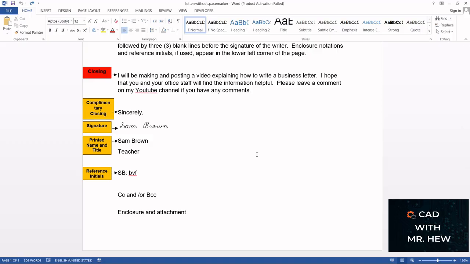For example, if a secretary prepared the letter. Not every business letter would have these three items, right? So if you're not sending a copy to someone else and you don't have any enclosures or attachments, you wouldn't see these three items here listed on every business letter, okay?